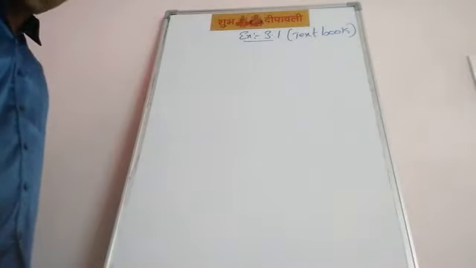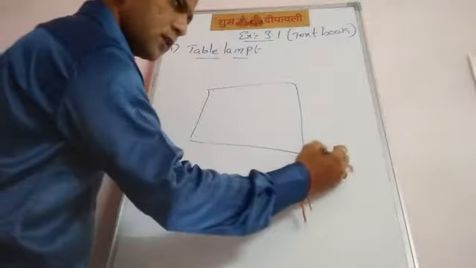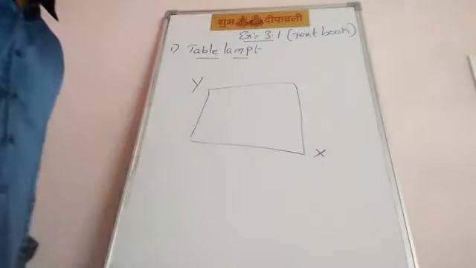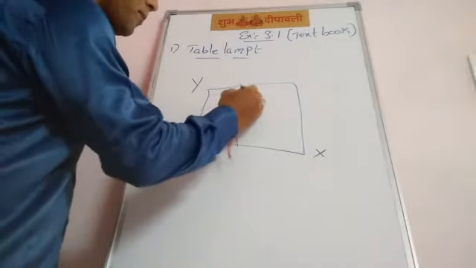See, if you take an example, this is a particular table, and this horizontal axis we call the x-axis, and this vertical line we call the y-axis. So on this table, you have kept a particular lamp here. This lamp is represented by a particular point.